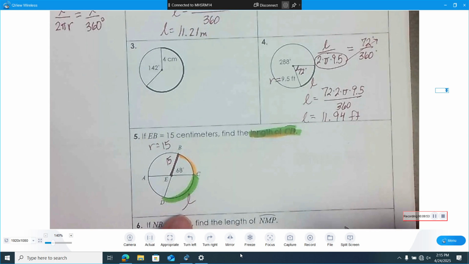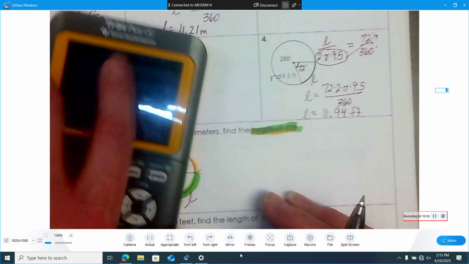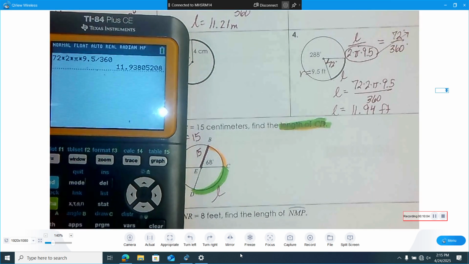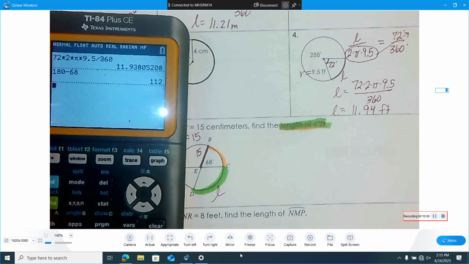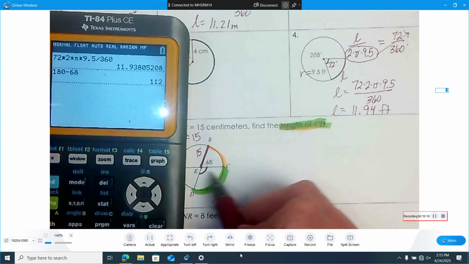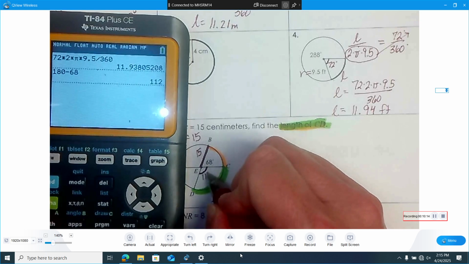So what do I need? 180 minus, yeah, 180 minus 68 gives us the angle that corresponds to our arc of 112 degrees.